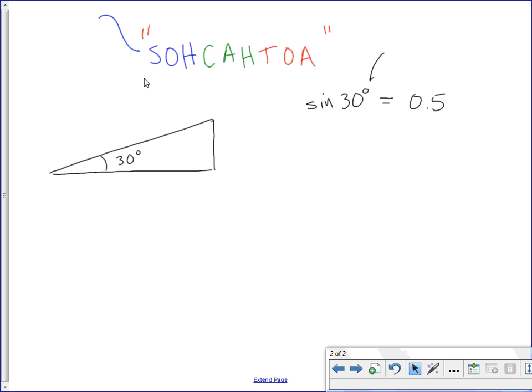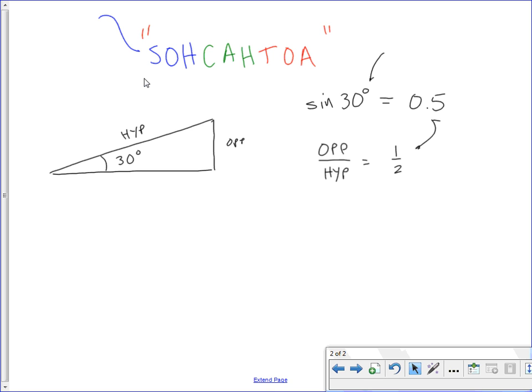And what that means is, by definition, since this is opposite over hypotenuse, that ratio has to equal 0.5, or 1/2.